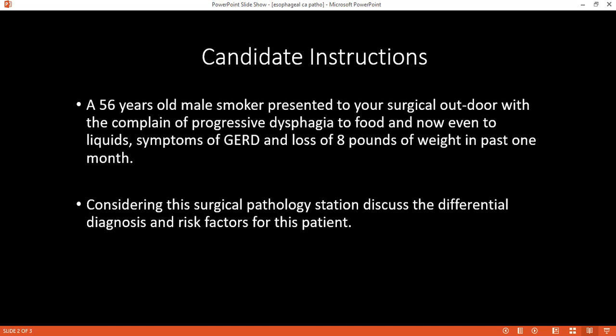If you can tell me, depending upon the location of the carcinoma in the esophagus, how the management differs? If carcinoma is diagnosed in the upper 1/3 of the esophagus, or the middle 1/3 and the lower 1/3, what are the differences?